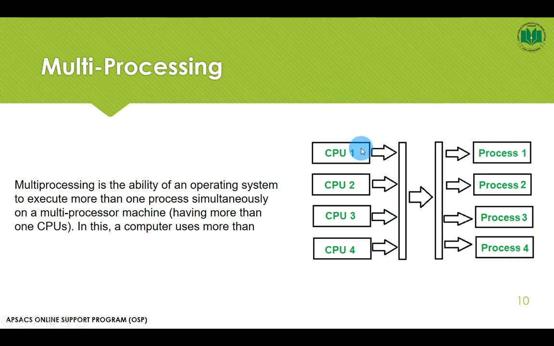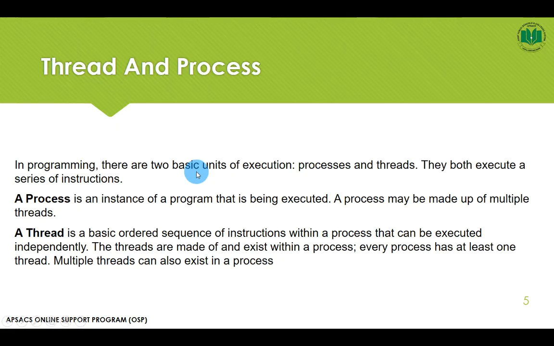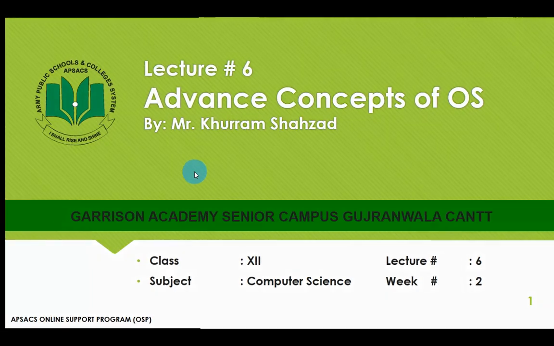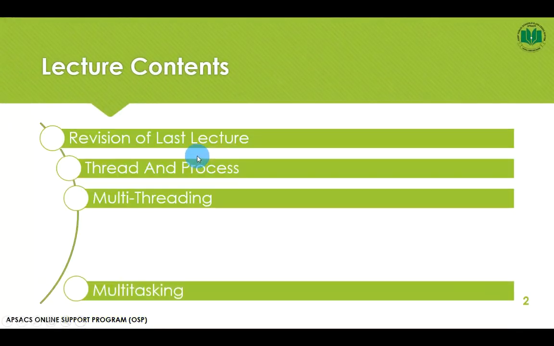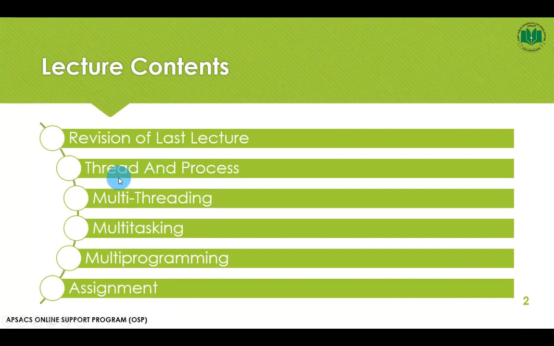That was our today's lecture. I will give you a quick summary of the lecture by table of contents. We have revised the last lecture. We have discussed threads and the process. A process is the main part and a thread is a part of the process and has shared space. A process has a full space and a thread has a shared space.